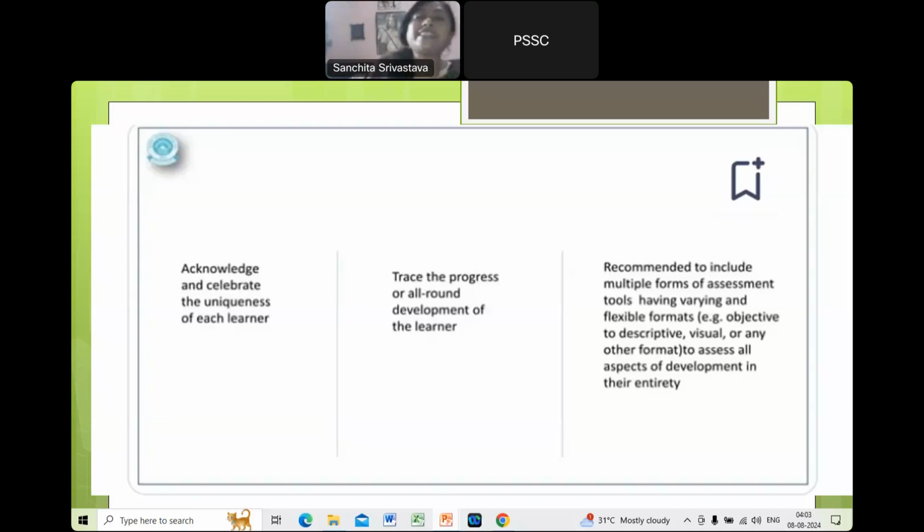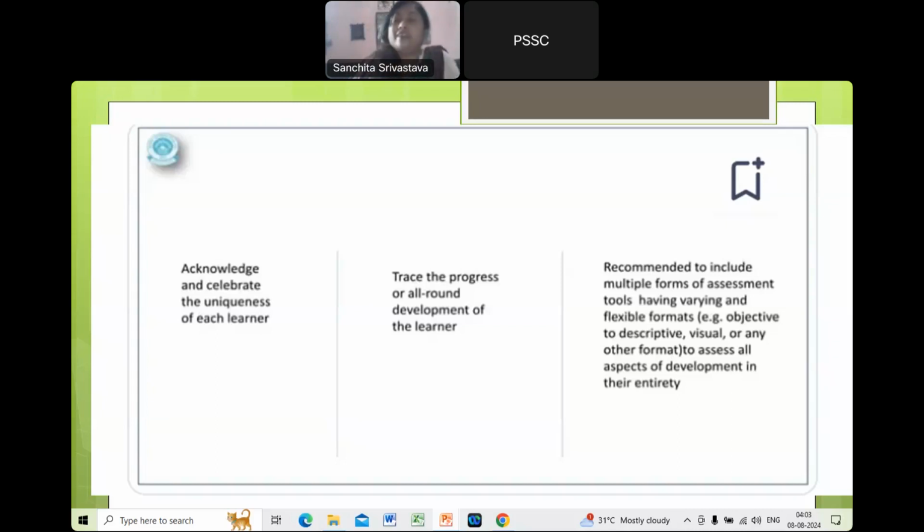Now we trace the progress of all-round development of the learner. That all-around development does not mean only the academics. It is apart from academics. Yes. Now, it is recommended to include multiple forms of assessment tools having varying and flexible format.